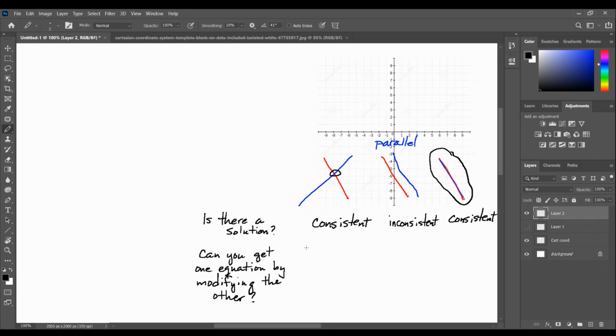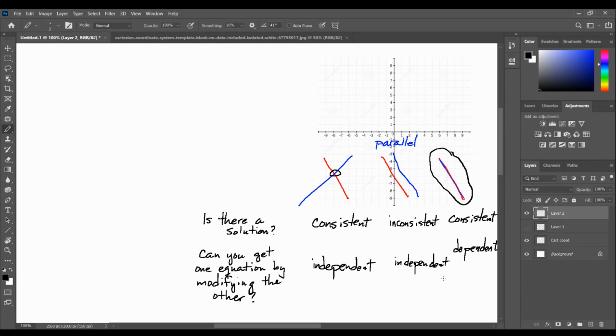When the two lines are clearly not the same line, those are independent. So that one's independent, this one is independent. This one, however, is dependent. One line depends on the other, or you can get one line's equation just by slightly modifying the other. Say multiply it by 2, divide by a half. Those are the same thing, by the way, or anything like that.